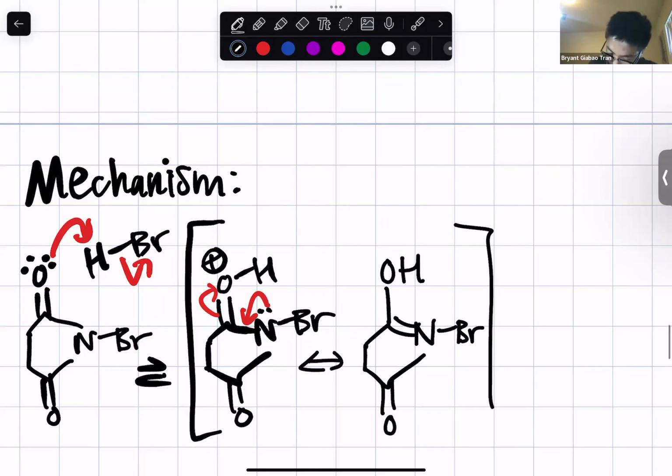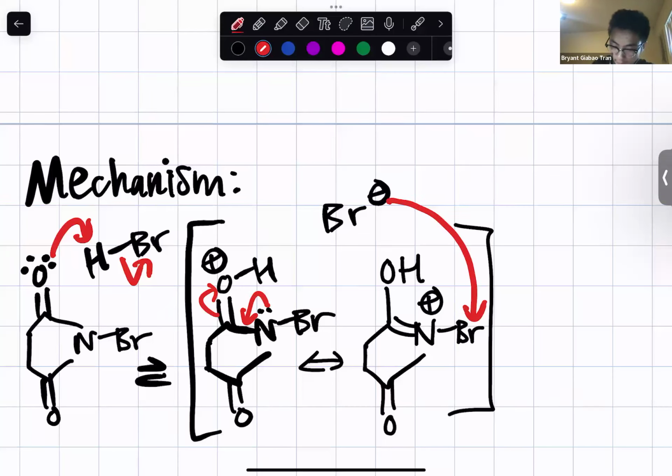This is the resonance structure of that protonated carbonyl, where now the positive charge is on this nitrogen. Right? The Br minus that got kicked out is going to come back and attack that bromine attached to that positively charged nitrogen.